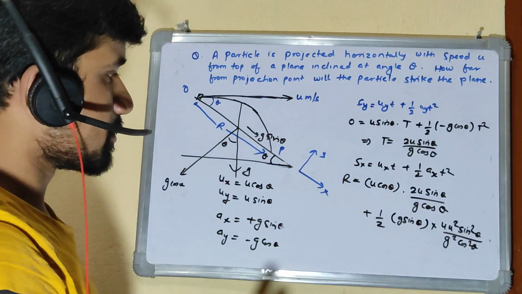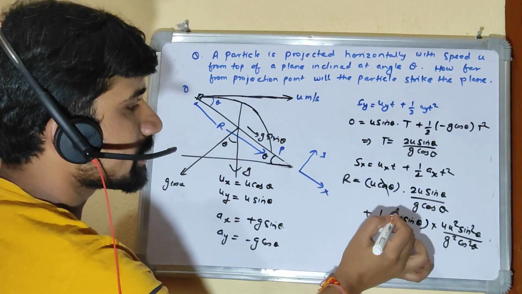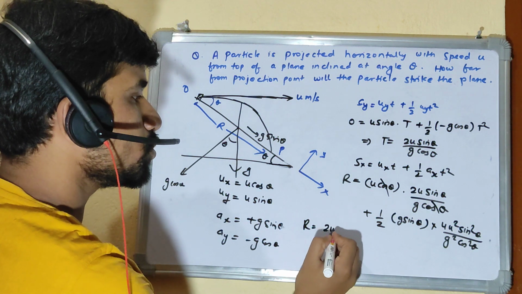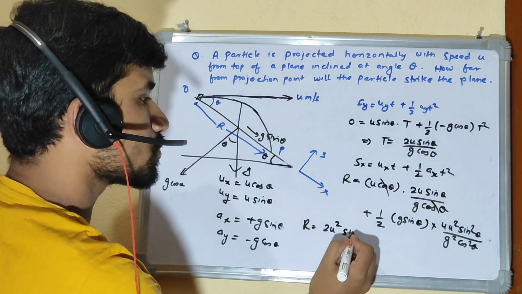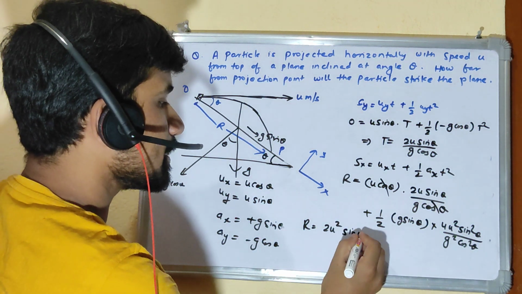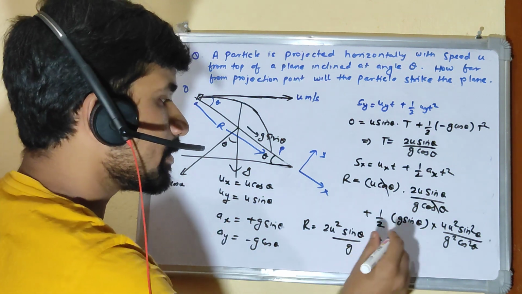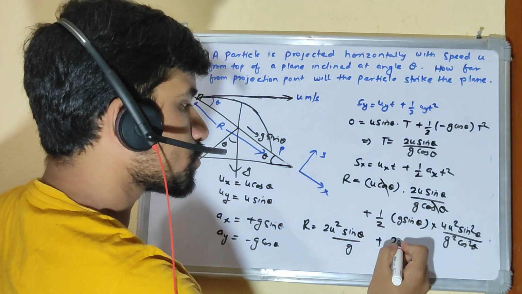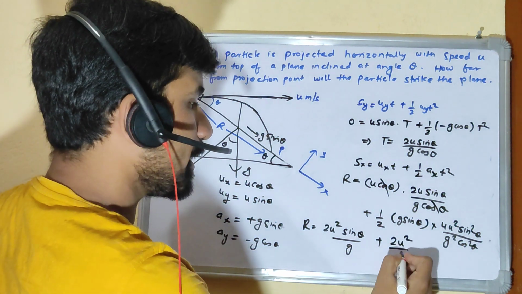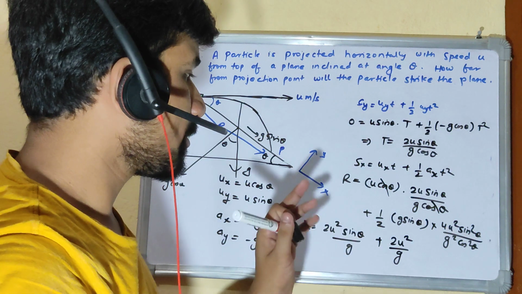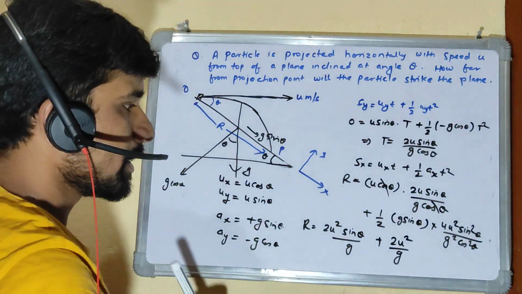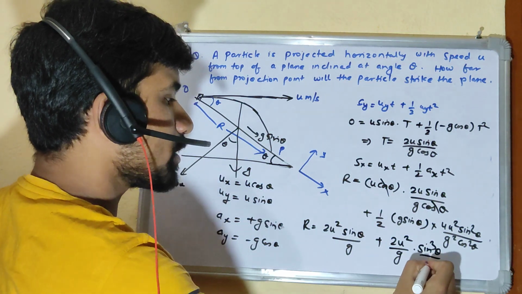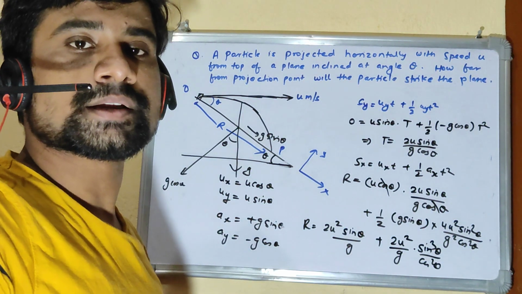So in this range, the cos theta will cancel out. So this becomes 2u square sin theta by g, and this will become 2u square by g into sin cube theta by cos square theta, right?